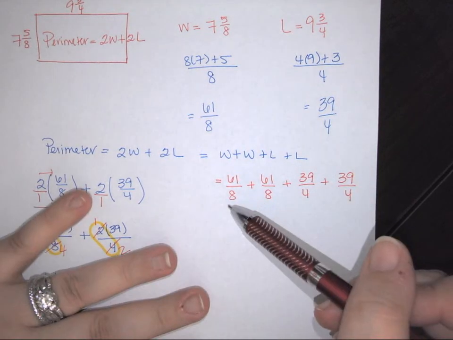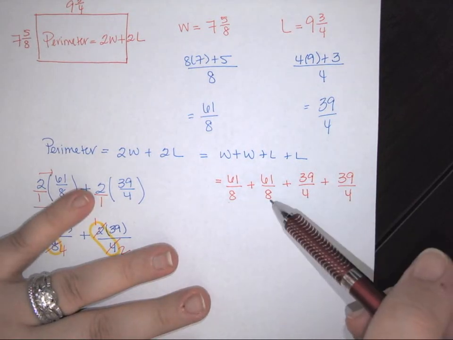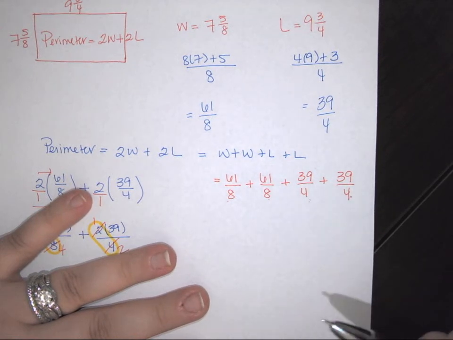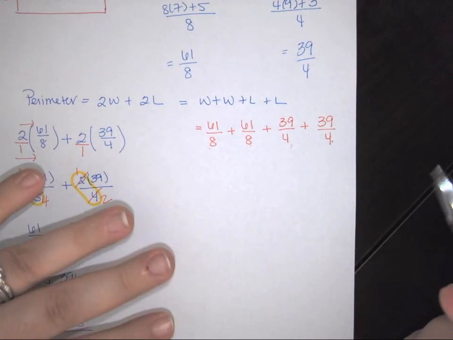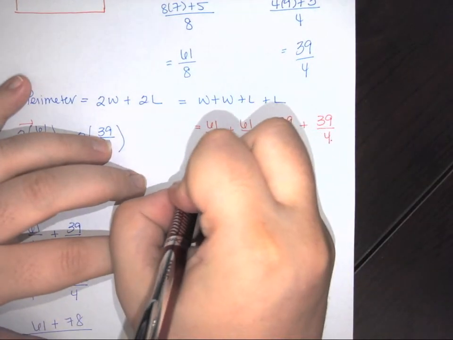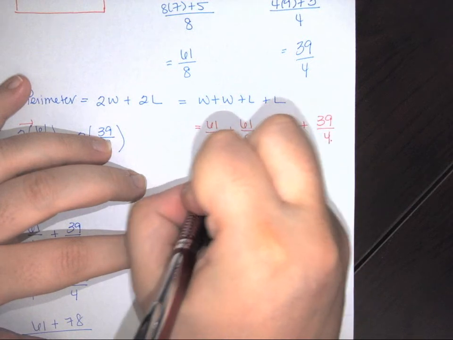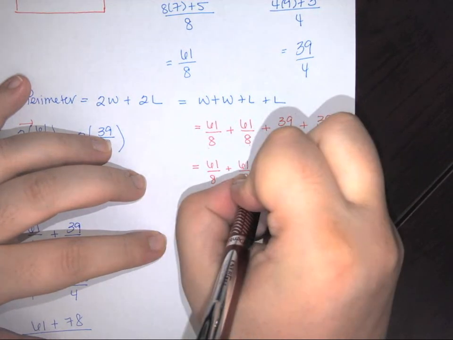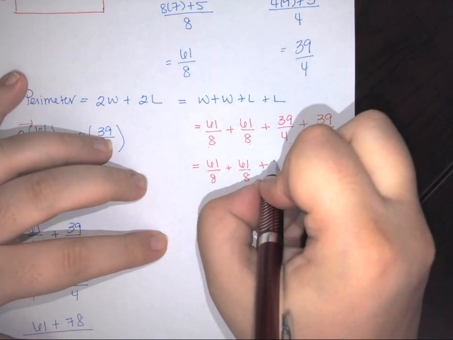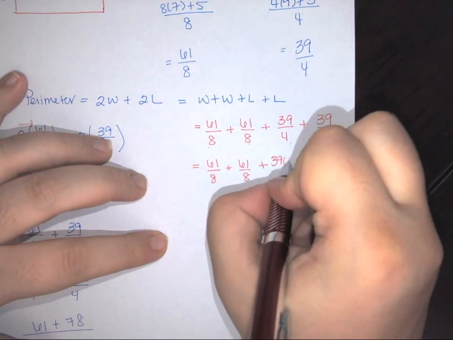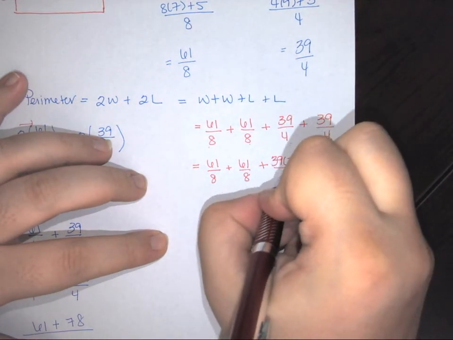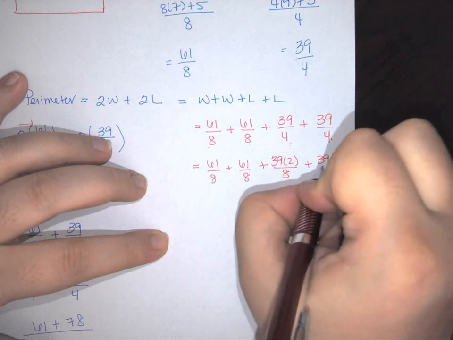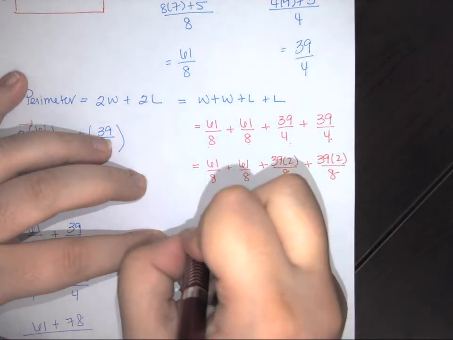What we notice is that we have 8, 8, 4, and 4. What's in common there is that 4 goes into 8 twice. So this would end up still being 61 over 8 plus 61 over 8 plus 39 times 2 over 8 plus 39 times 2 over 8.